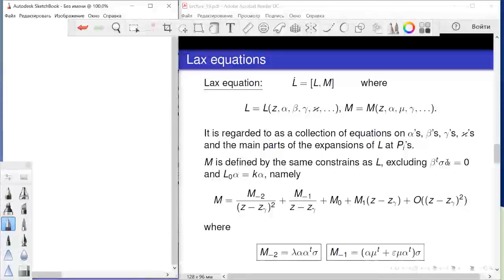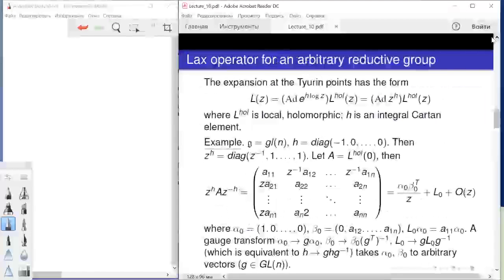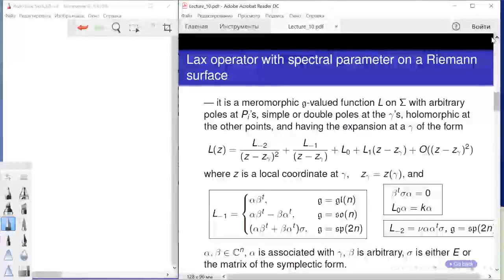Let me return a little bit. So an M operator fulfills exactly the same conditions, except for these two ones.